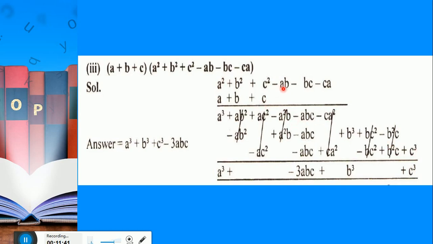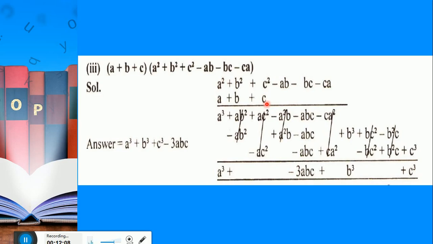Now multiply c with minus ab. So it will be minus abc. Multiplication of c with ab is abc, so write it exactly below the abc term. Now multiply c with minus bc. There is a plus sign and a minus sign, and multiplication of plus and minus is minus.